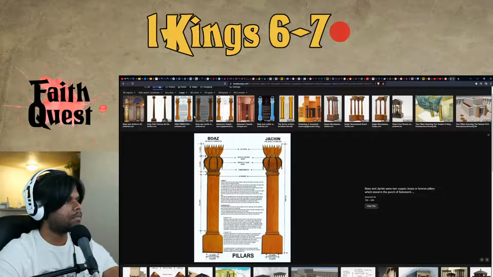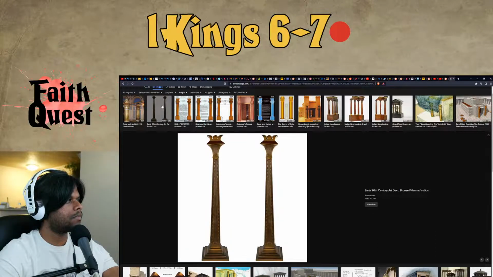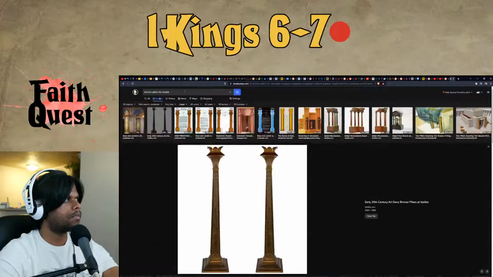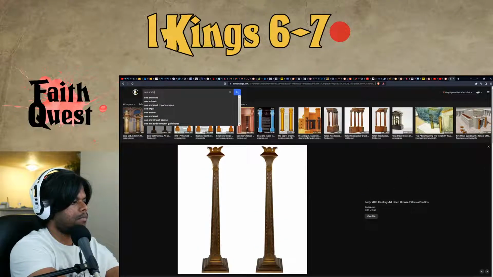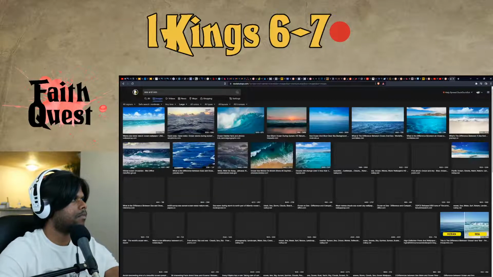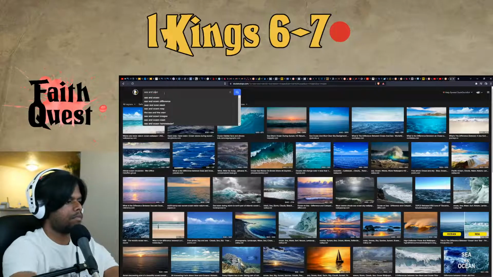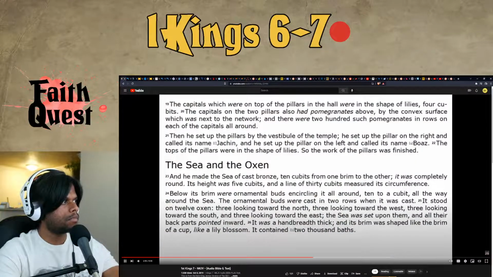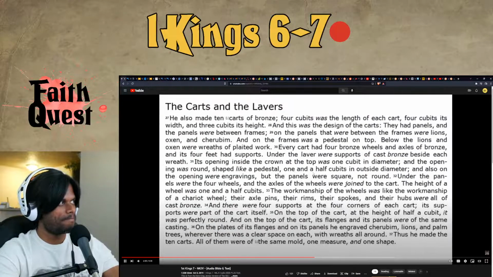The sea was set upon them, and all their back parts pointed inward. It was a handbreadth thick, and its brim was shaped like the brim of a cup, like a lily blossom. It contained 2,000 baths. He also made 10 carts of bronze.